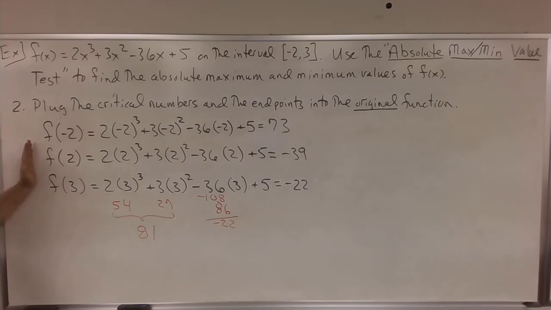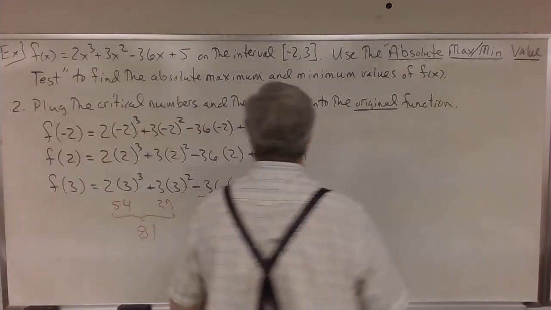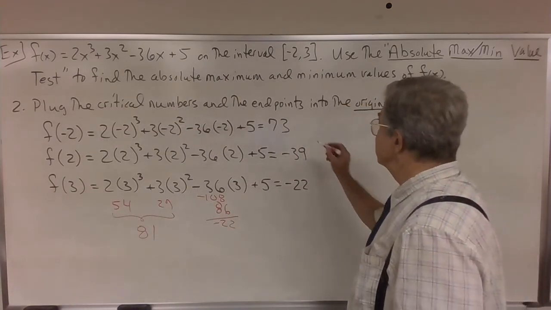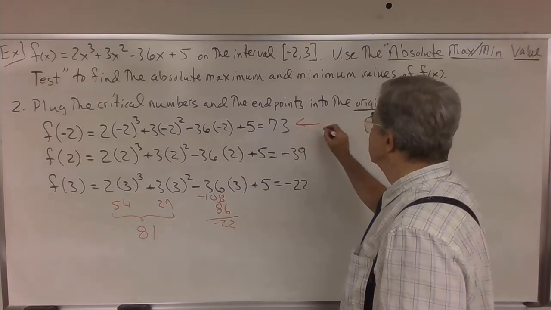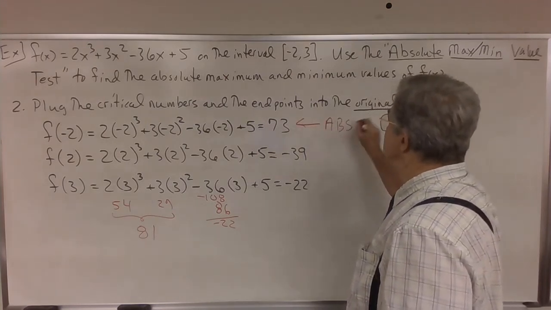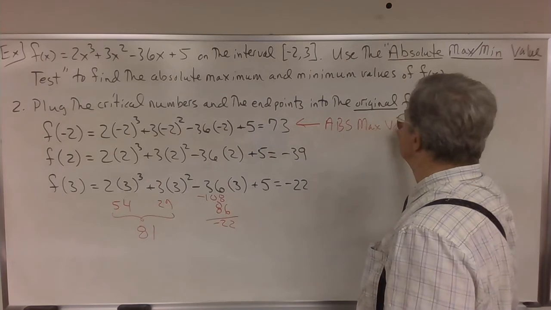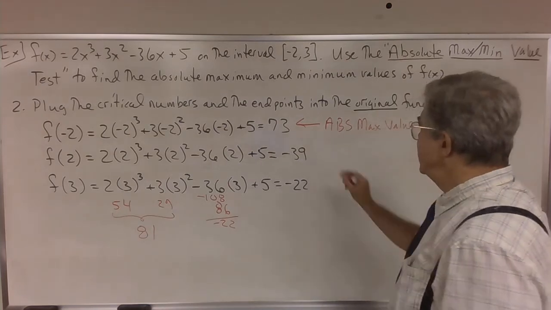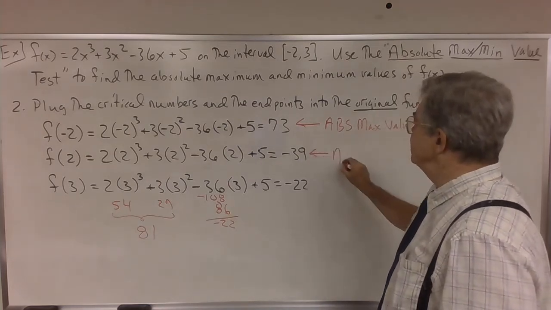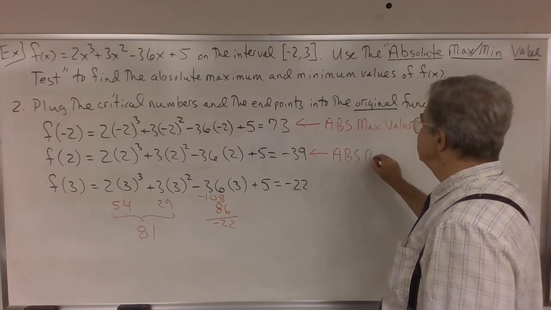So we plugged them into the function, knowing that one of these things has to be the absolute maximum value, and one of these things has to be the absolute minimum value. So we just looked for the largest value. This is the absolute max value. And this is the smallest value, absolute min value.